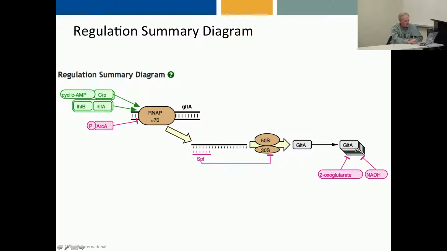And then the product forms a multimeric complex that's also inhibited by 2 different metabolites. So the idea is that the user hopefully can digest what's known about the regulation of these genes very quickly from these generated diagrams.